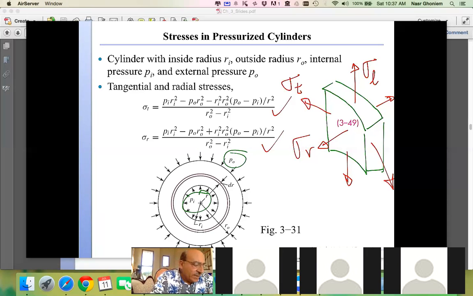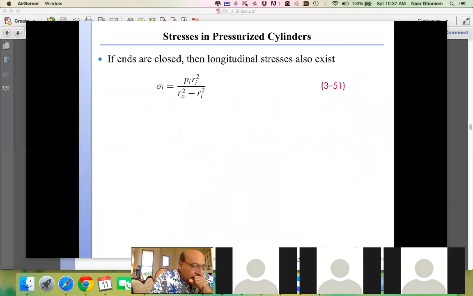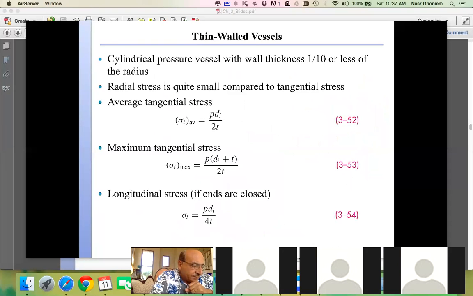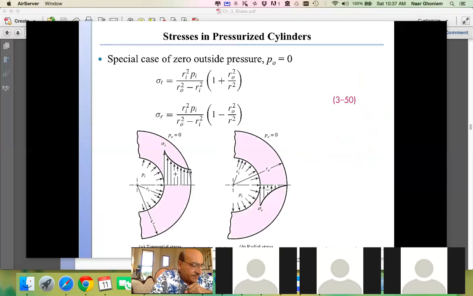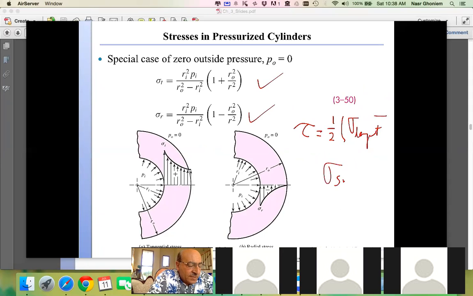So if we want to find the shear stress, let me see. The shear stress, for example, in this case, if I have internal pressure alone, the tangential stress is given, and the radial stress is given, and the shear stress is equal to 1/2 of the largest stress minus the smallest stress.